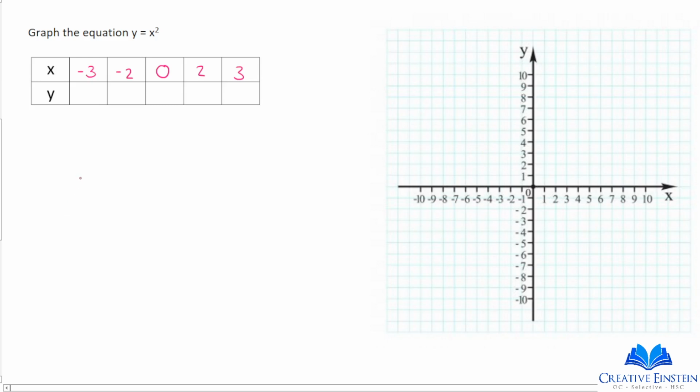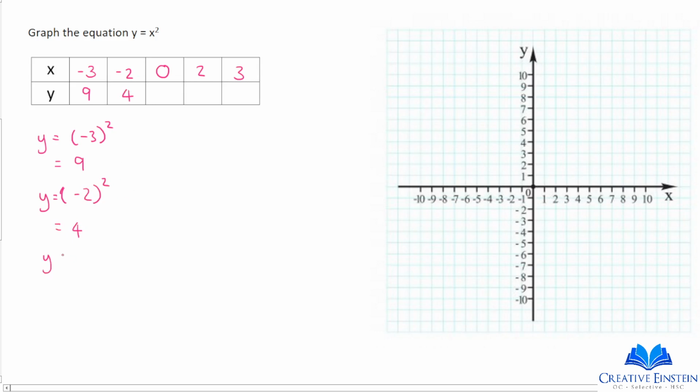Okay, let's get started. Well, our first number is x is -3. So y equals x squared, which is -3 squared. When x is -3, it's -3 squared, which is +9. So when x equals -3, y equals 9. Next one, when x equals -2, -2 squared is 4.